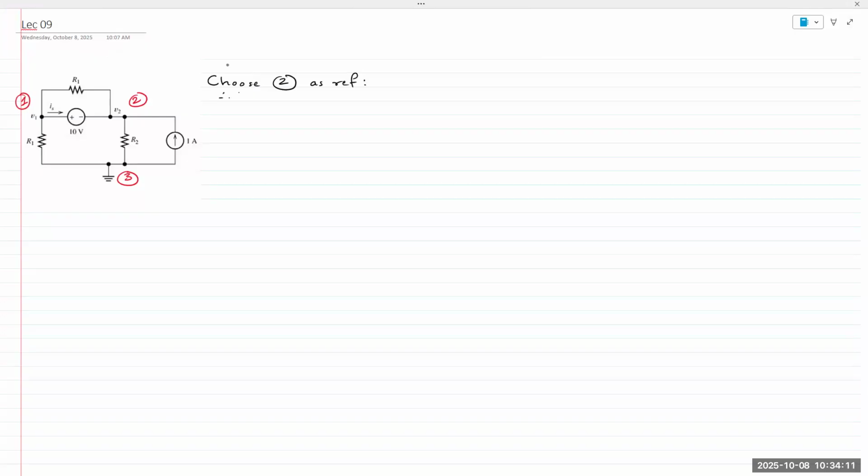So therefore, what is the value for V2 for the purposes of this analysis? 0 volts. Absolutely. And hence, V1 is 10 volts. So out of 3, I have the answers for 2 of the node voltages. Only unknown left is V3, one node, one unknown variable, one equation.